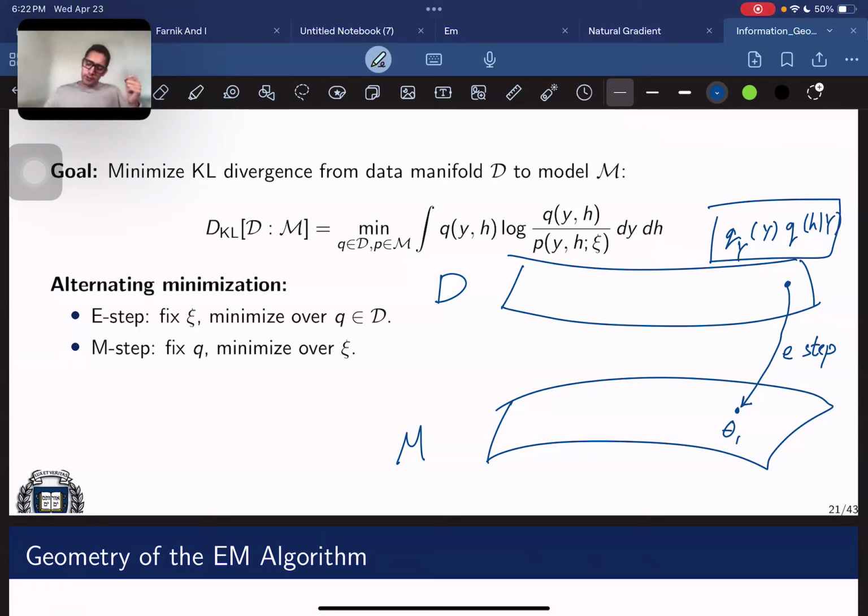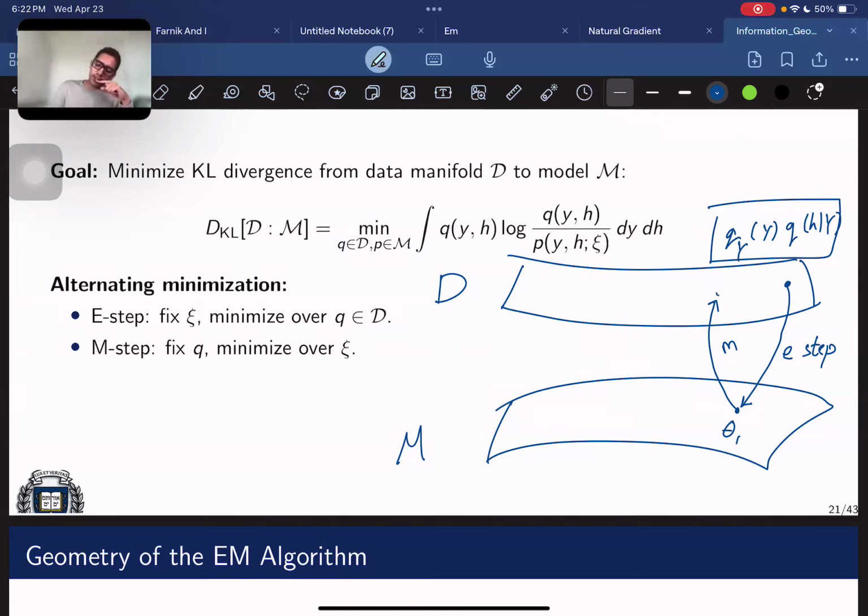If you take the M step, don't forget, taking the ES step is minimizing the KL divergence with respect to the second distribution, and the M step is nothing but taking minimization with respect to the first distribution. You fix the second distribution.